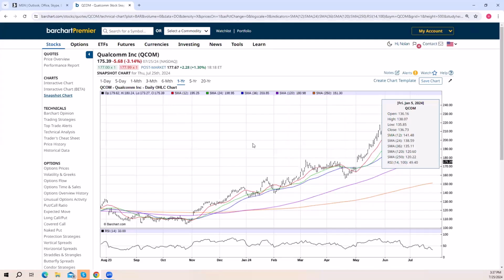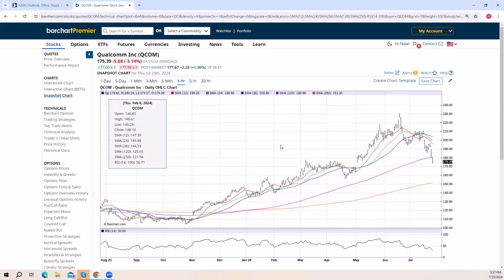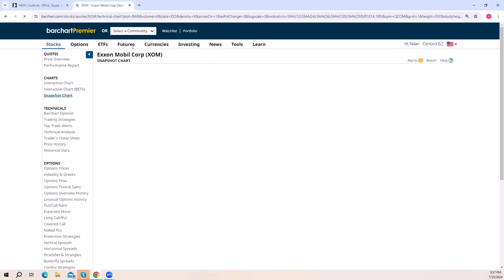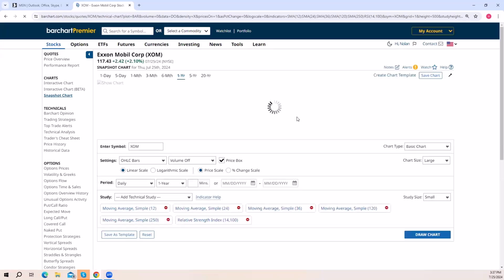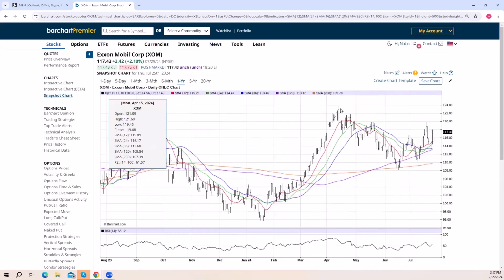Okay. So let's see if I see anything else here that might be interesting. We have a couple of oil deals coming up. ExxonMobil. And this thing could be interesting here. I actually showed this trade to you the other day, Daniel.